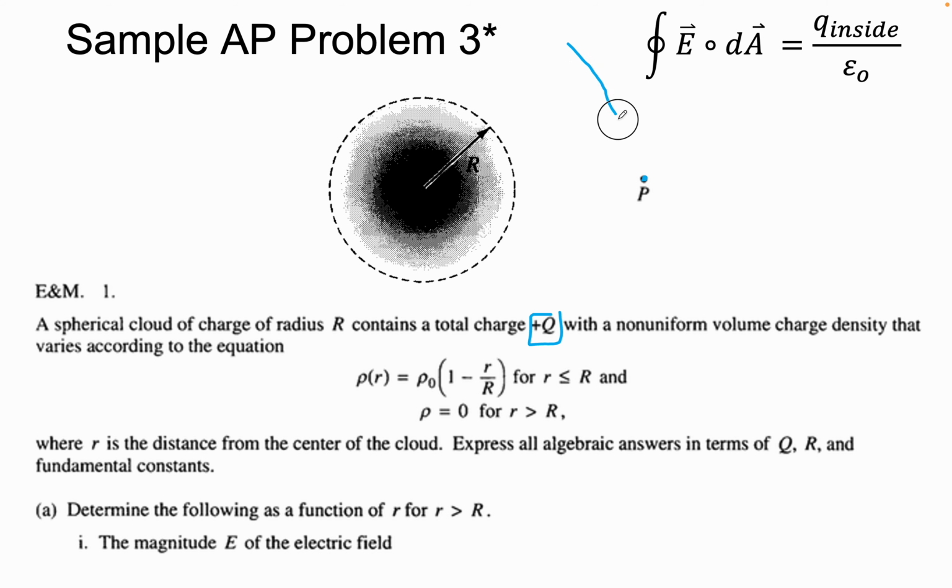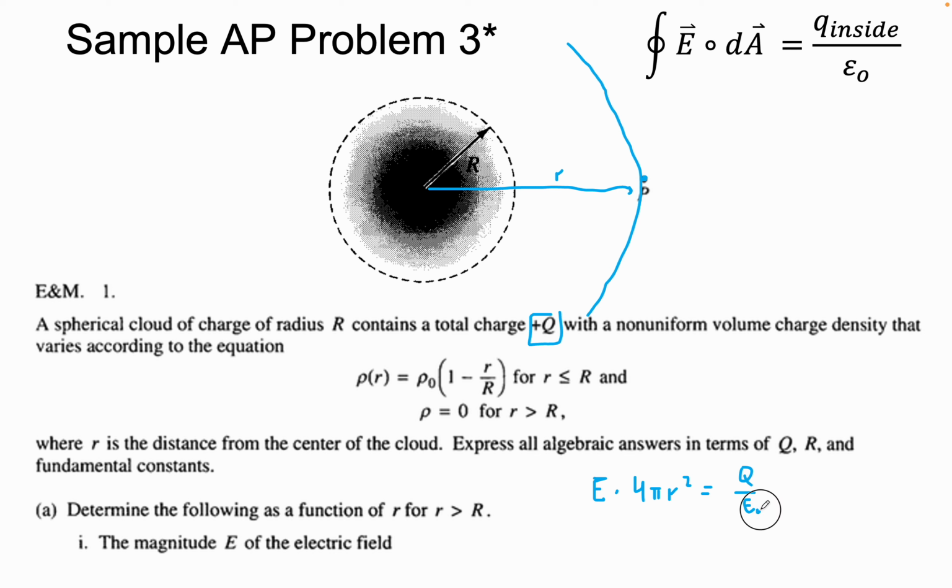How will you solve that? Well, you put your Gaussian surface through P. I'm not going to draw it all the way around. And to find the electric field, did I put it in here? No, I didn't. It's actually pretty simple. For point P, E times 4 pi small r squared is going to equal the total charge inside my Gaussian surface, which is Q over epsilon naught.